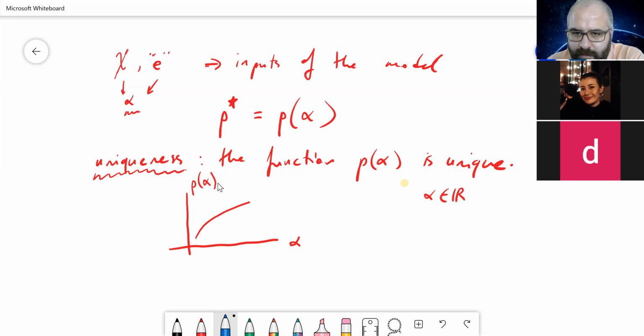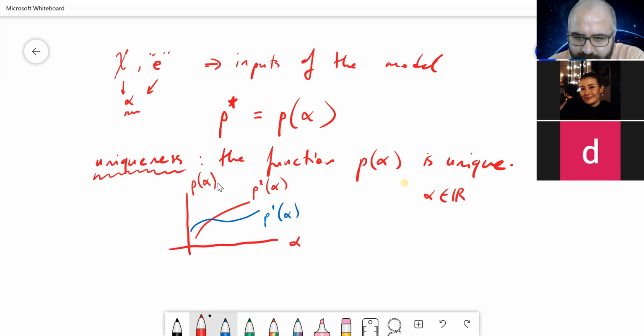Otherwise, you may have something like that. So in that case, this is p1 of alpha, this is p2 of alpha.